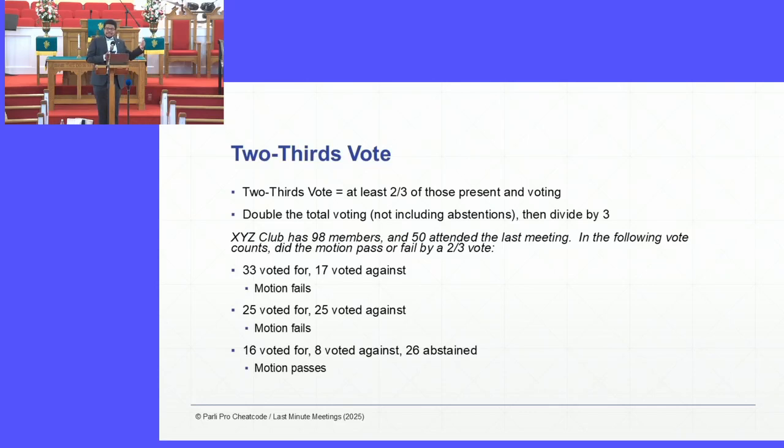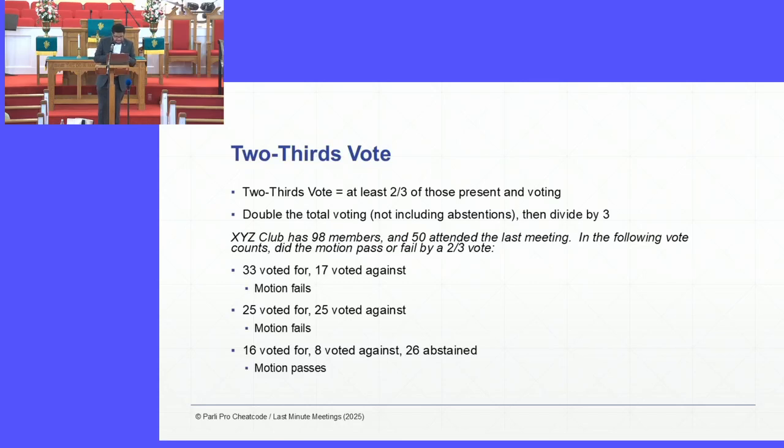So is 33 at least 33.33333? No, right? In that instance, you would need at least 34 votes. And so again, we have to go back to second grade, the greater than, less than, alligator arms, right? You have 33 on this side, 33.333 on that side. That side is bigger, so it is not at least 2/3. And so you would need 34 votes for that one.